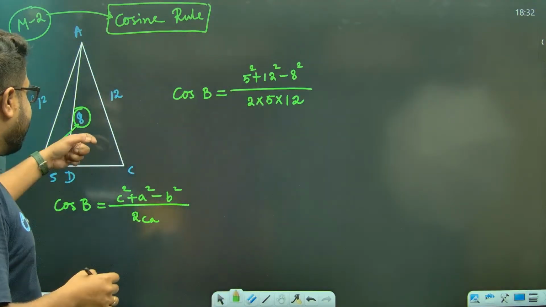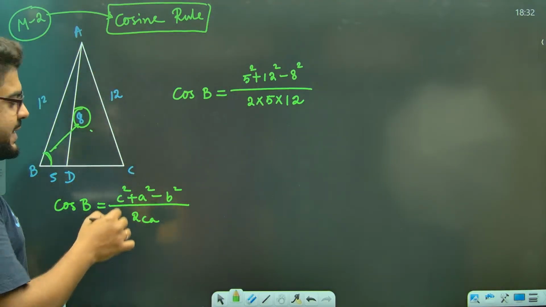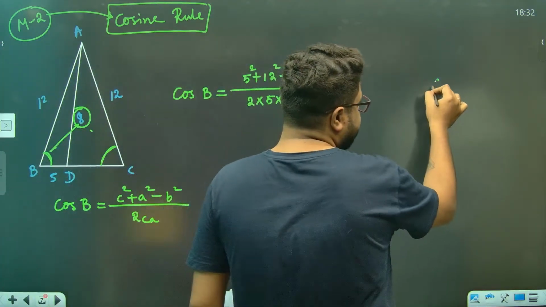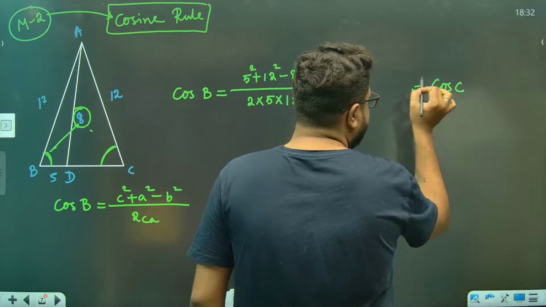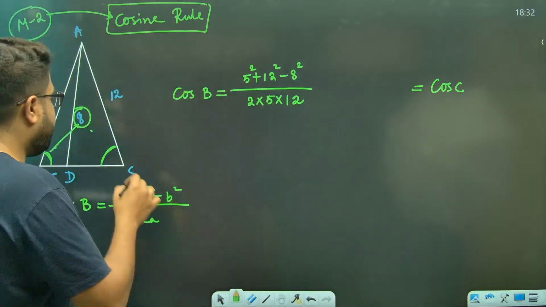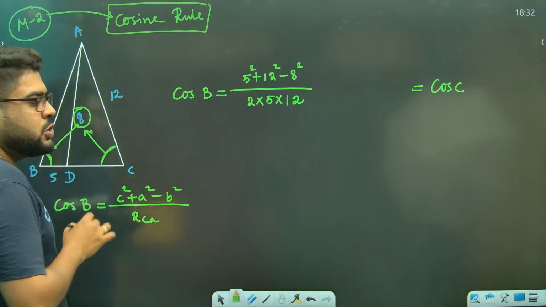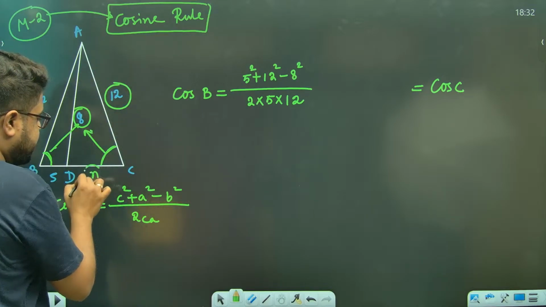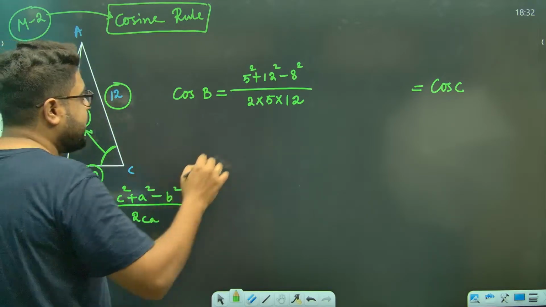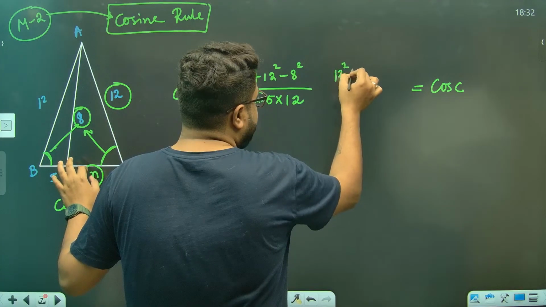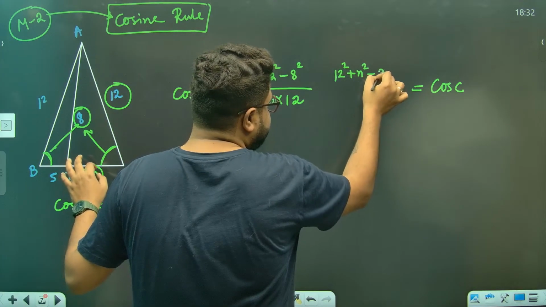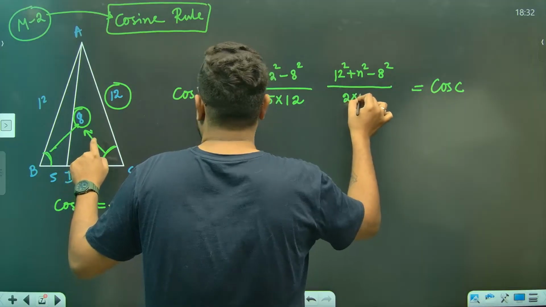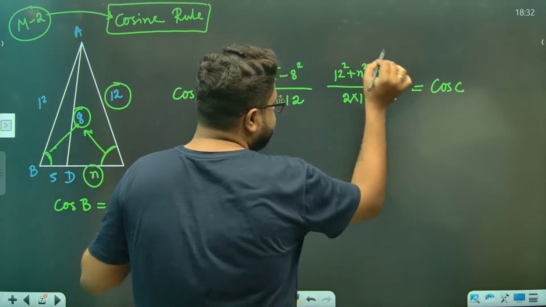Again, take this triangle ACD. What is cos C? You will say, sir, the opposite side is this 8. So definitely I'll write 12 square plus n square minus 8 square, divided by 2 into 12 into n, where n is this side I'm taking.